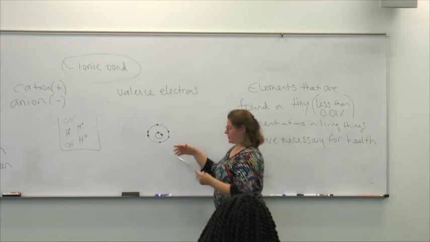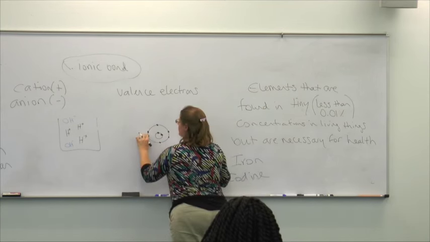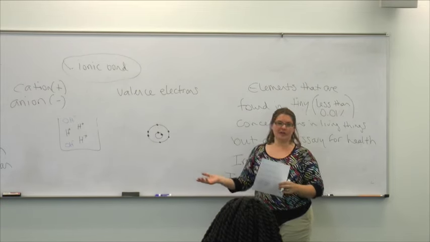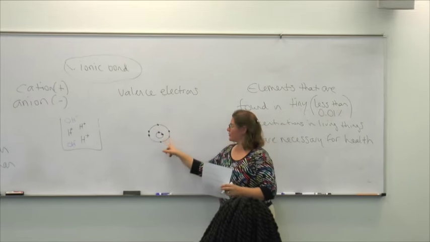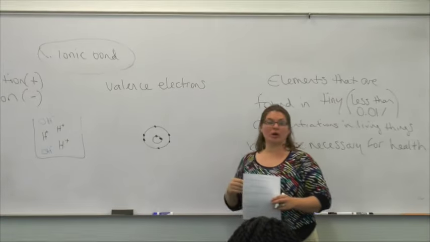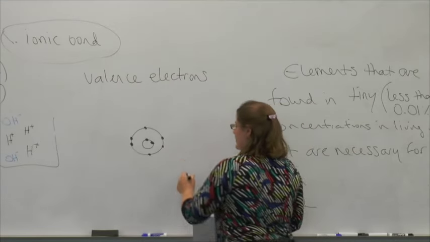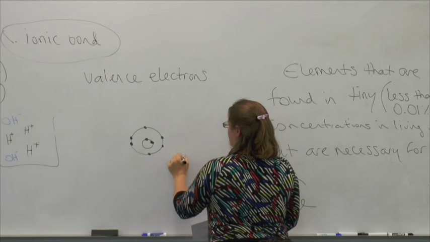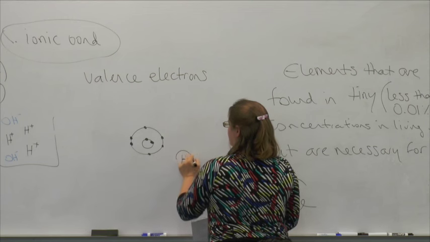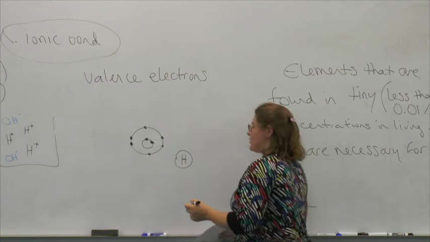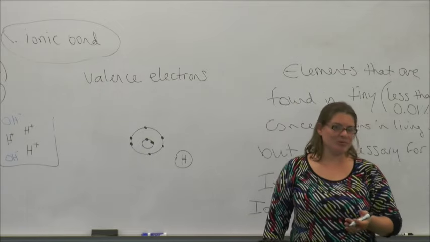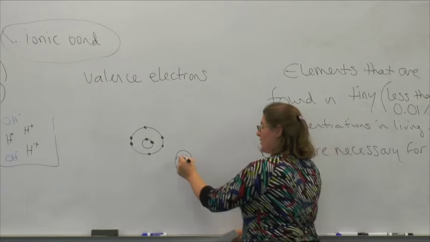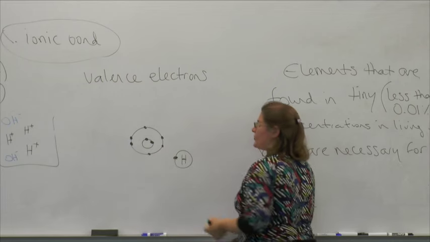So oxygen needs how many total electrons to achieve stability here? It needs 2 more, right? Because it only has 6 on its outermost shell. Well, luckily hydrogen is out there, right? So this is a hydrogen atom. I'm just going to put an H in the middle in the nucleus. Hydrogen, it's number 1 on the periodic table, so it's got 1 proton and 1 electron. So it only has 1 lonely electron in its outermost shell.